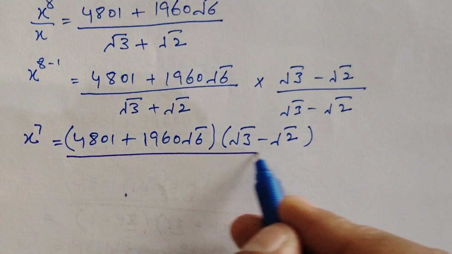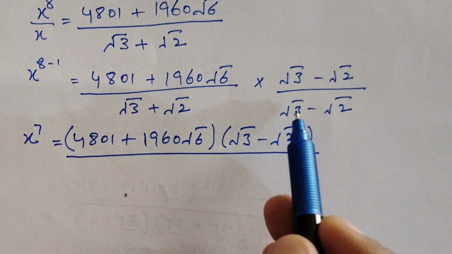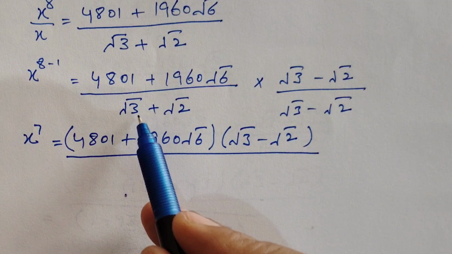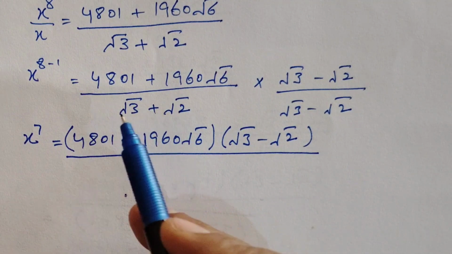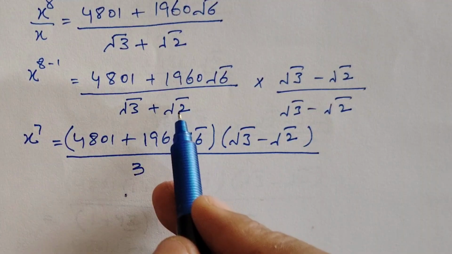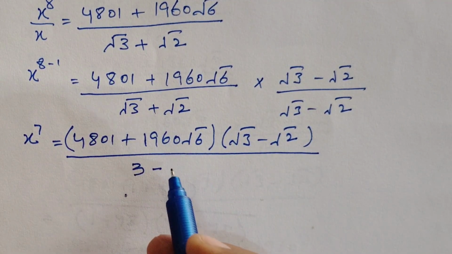For the denominator, a plus b into a minus b is equal to a square minus b square. So that square root of 3 square is equal to 3 minus square root of 2 square is equal to 2.